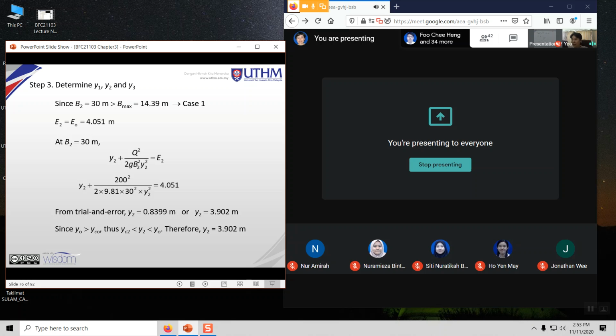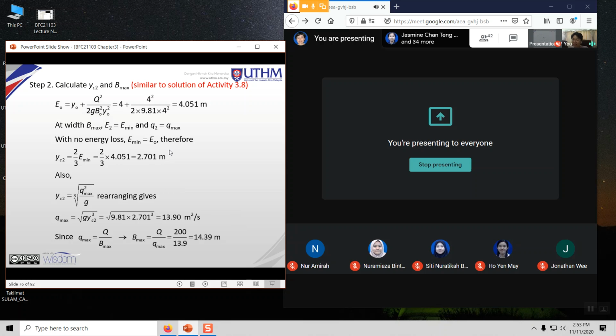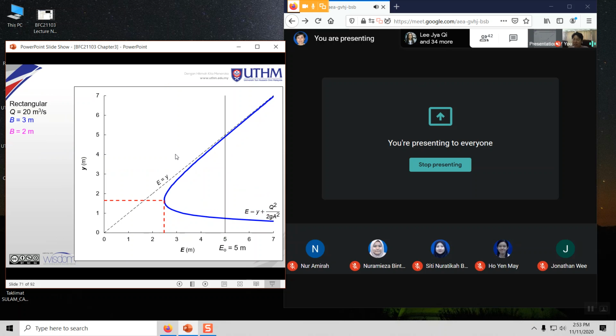Now how are you going to find Y2? Alright, so I said E2 equals E0. Now let's look at this. Here's the thing. Now imagine this. At your locations 0, 1, and 3, you are using the blue line, the blue specific energy curve.